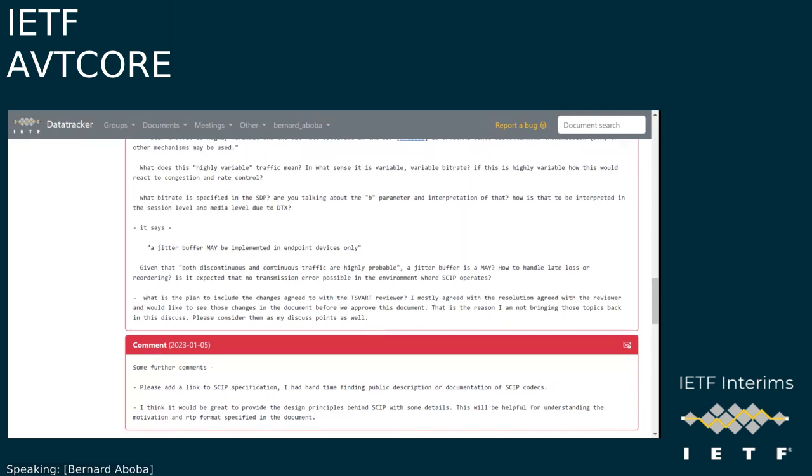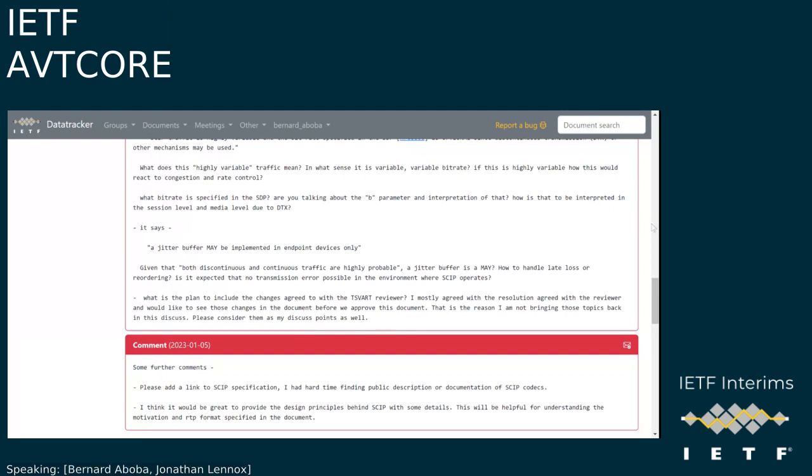Yeah, I mean, the bit rate again. Well, you say a jitter buffer may be implemented. I think that might just be a matter of wording. I think what you mean is it can only be implemented in an endpoint device, whereas he's interpreting that as the endpoint having the option of not implementing a jitter buffer, which I think is not true.